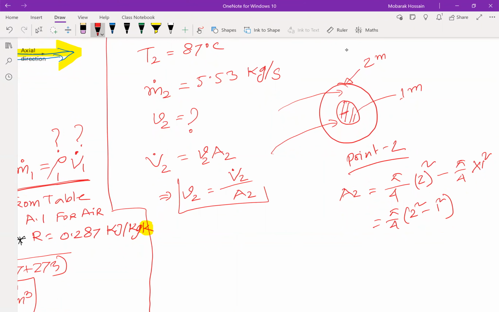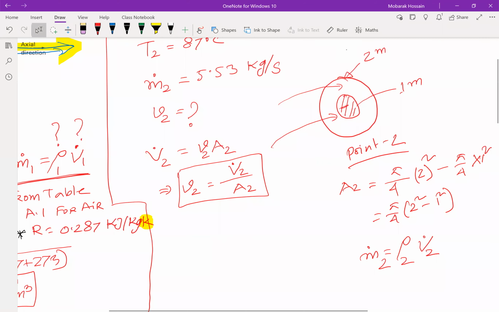From the first part, if you remember, mass flow rate is equal to density times volume flow rate. Now we'll find out for location 2. Your volume flow rate will be equal to mass flow rate for location 2 divided by density for location 2.